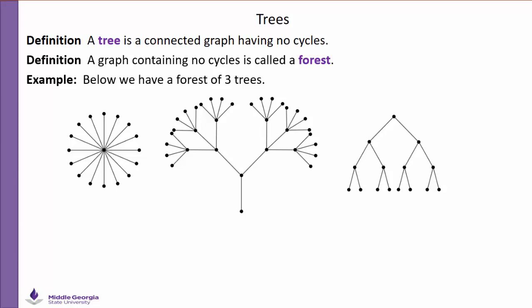There are 3 disconnected pieces, or 3 connected graphs there. Each one of them is a tree, and we can have one or more trees together in one graph that are disconnected, and that becomes a forest.